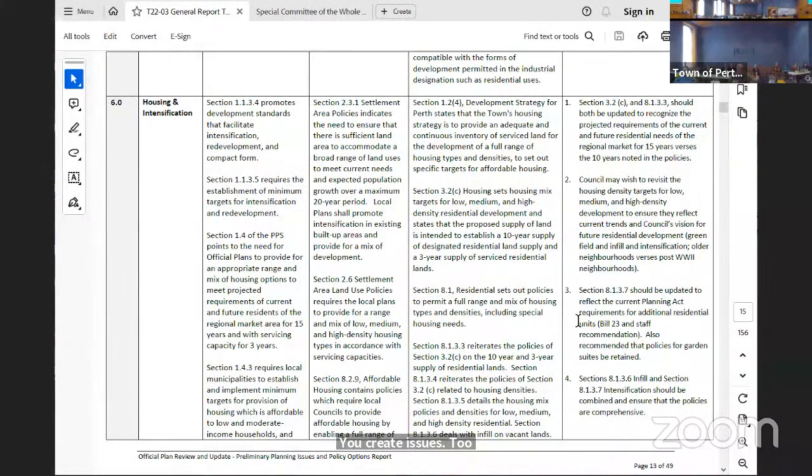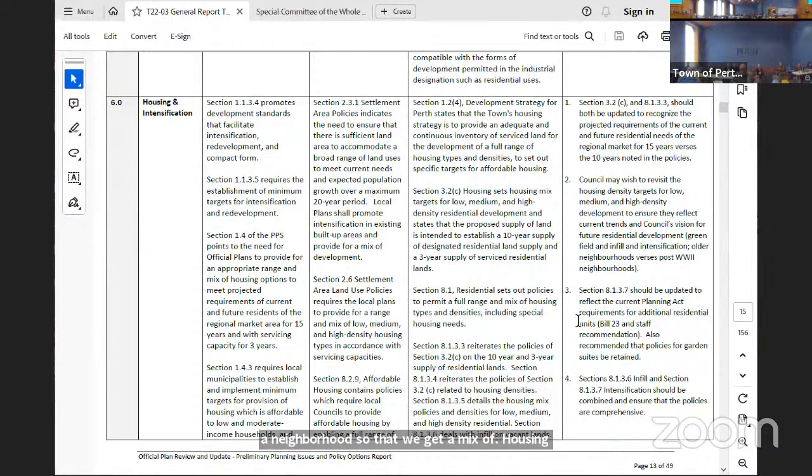Whole neighborhoods of townhouses result in parking issues. Too many apartment buildings result in traffic issues. Too much single detached results in a waste of valuable serviced land. So I think the secret is the mix, and encouraging integration of different densities into a neighborhood so that we get a mix of housing opportunities.